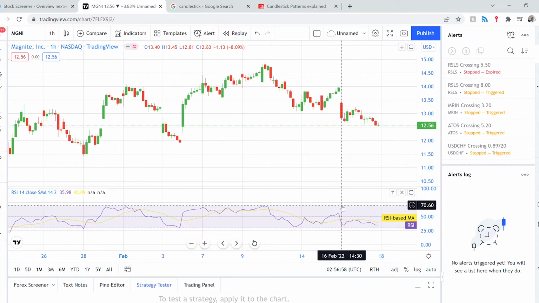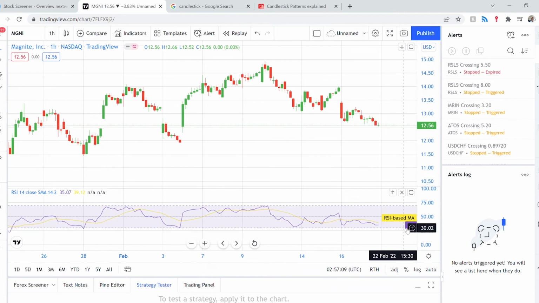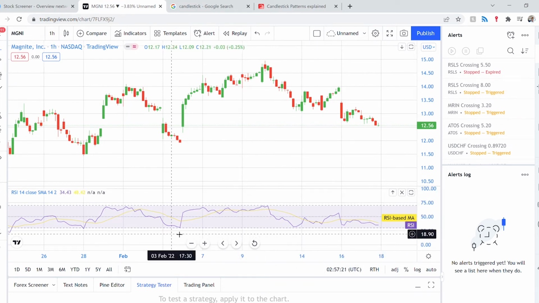Right here on this section, we can see there's another scale that has the RSI, and under this one there's a section that is purplish or tinted purple, and it's like a band which starts at 30 right here and goes up to 70 right there. So what that means is there's a section between 30 and 70 that RSI likes to move in between.